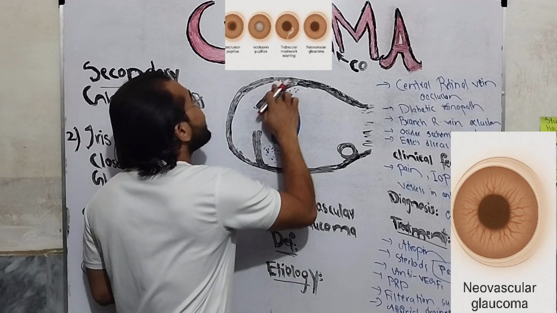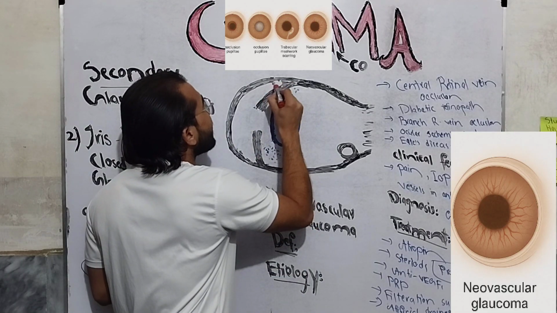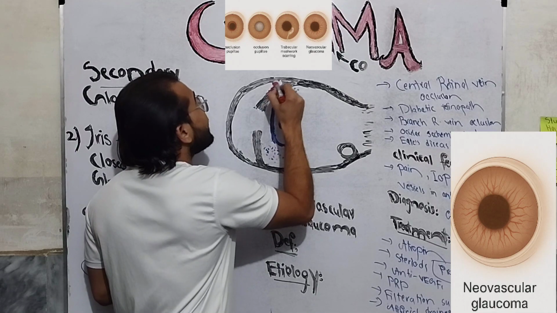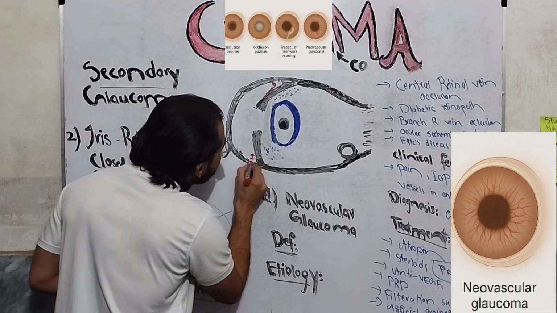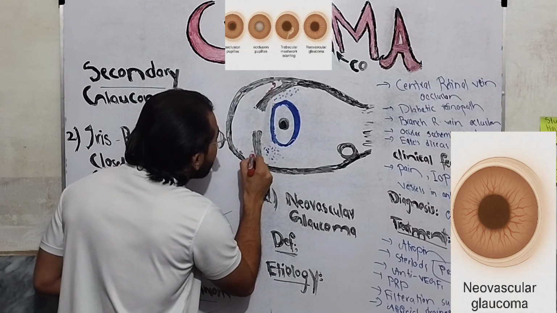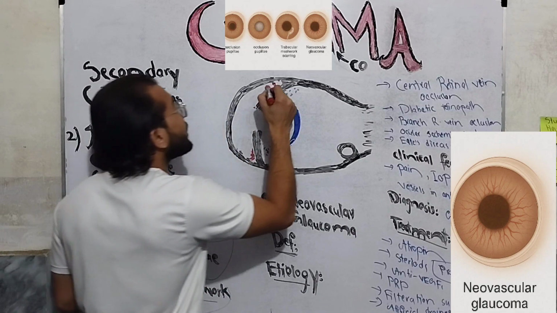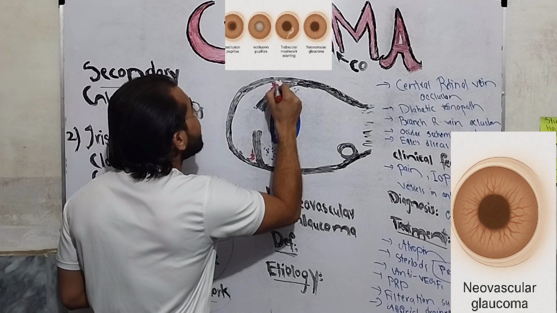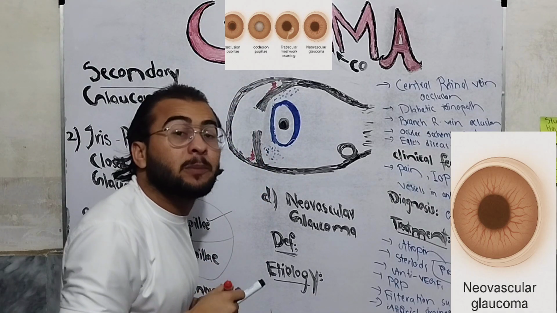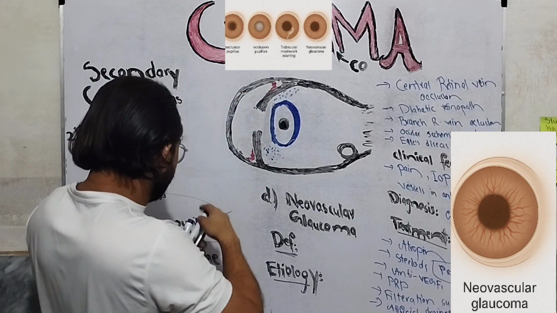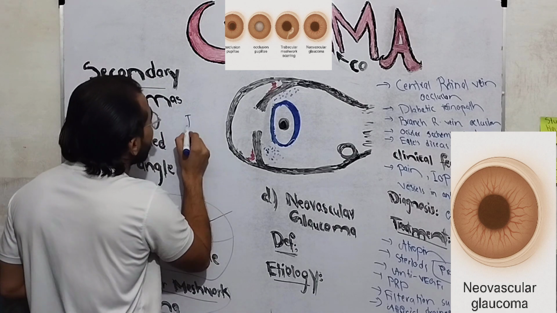A fibrovascular membrane forms in front of the trabecular meshwork and occludes it, which elevates the intraocular pressure and hence causes glaucoma.